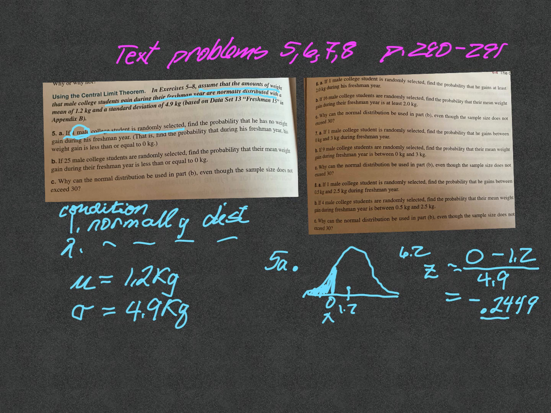And so those would be the two I'd use when using the table. Okay, so now I have my z-score. So that really means I have a new normal curve, right, where the mean is 0, and then I'm at negative 0.24, and I'm finding the area. It's the same area as the one before, so I can find that. And so I look on the table for negative 0.24, excuse me.